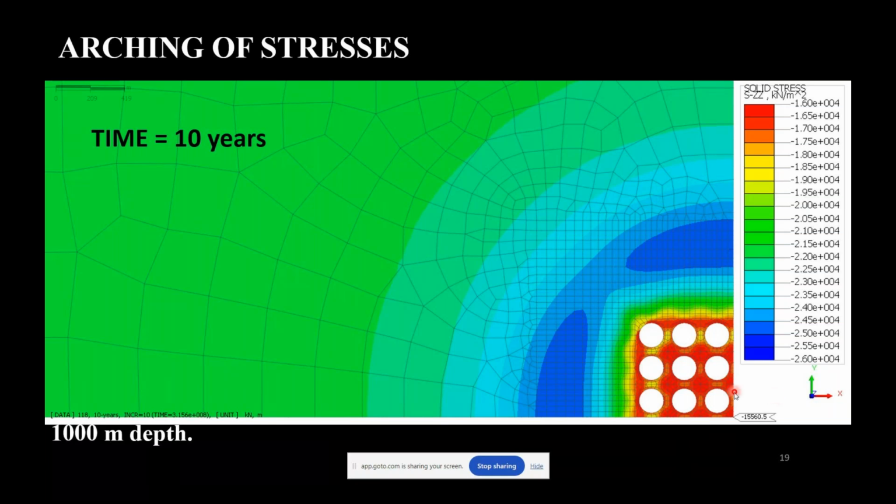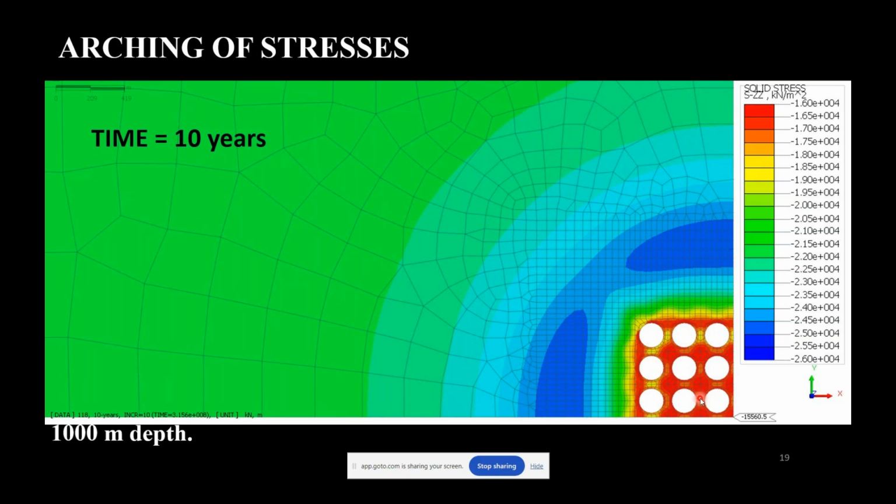It happens because the stress field in the pillars can be compared to a triaxial creep test. The vertical stress here is larger than the horizontal stresses.